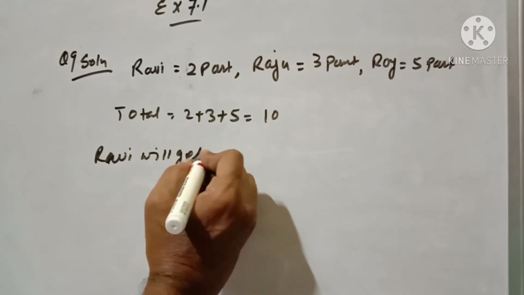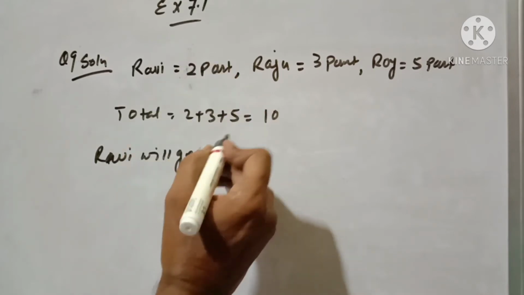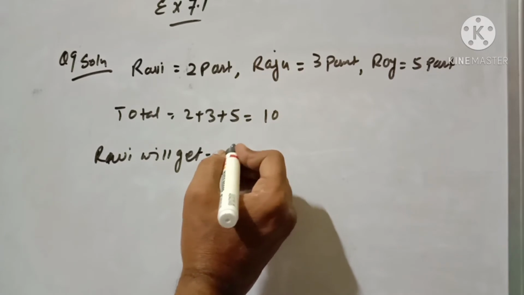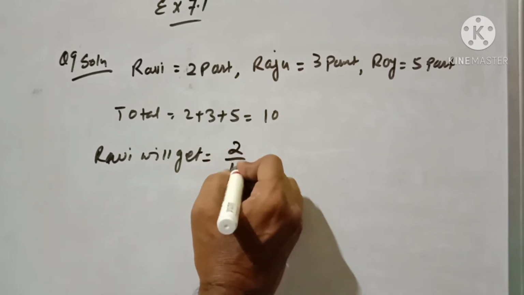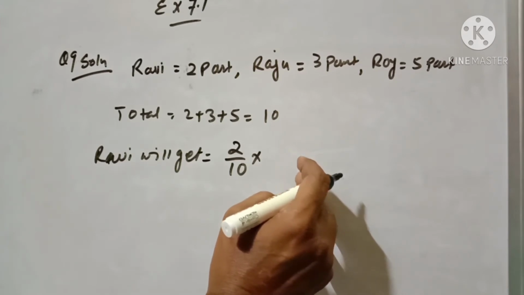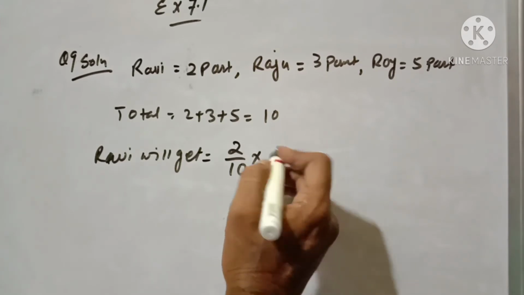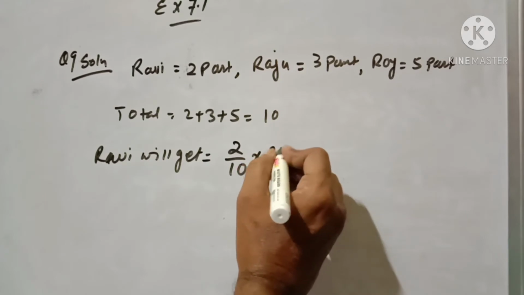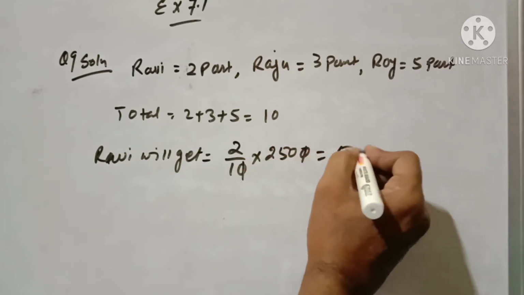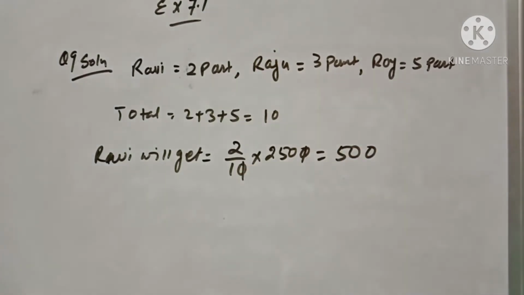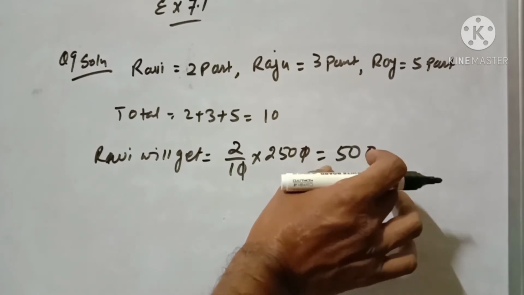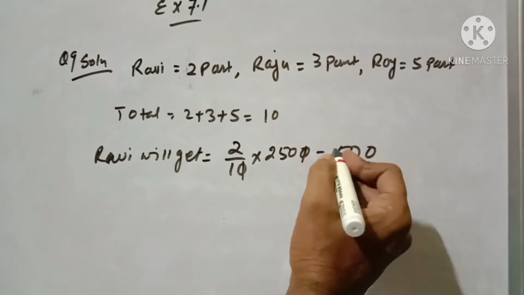Now Ravi will get equal to what? Ravi part is 2. So I can write 2 by 10 into 2500. So it will be 500. Now 500 he got. This is the part of Ravi. Means Ravi will get rupees 500.